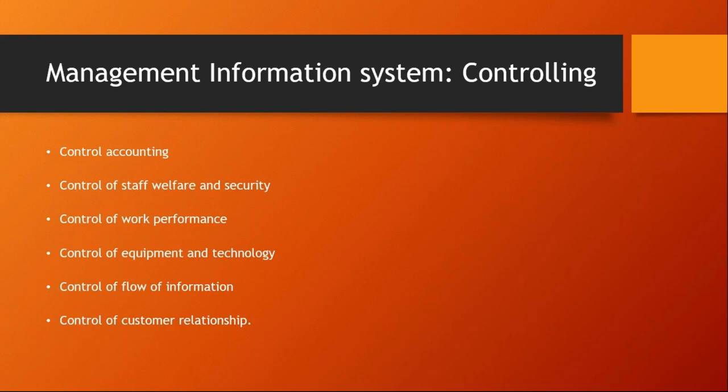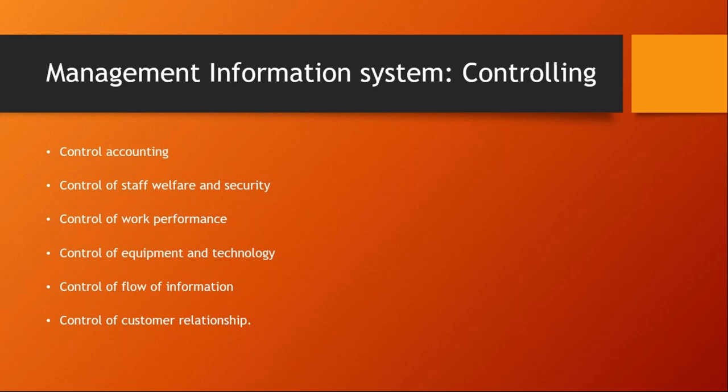Like I said, the basic objective for control in an organization is to ensure that what is being planned is actually what is being carried out. That's the essence of control, and you need this control in every aspect of organizational performance.